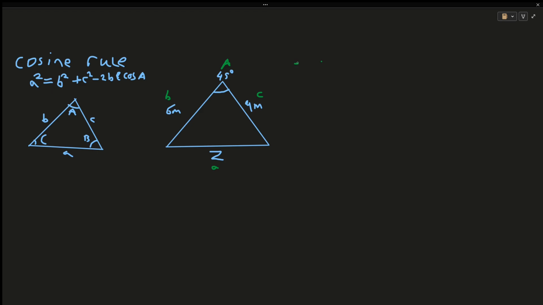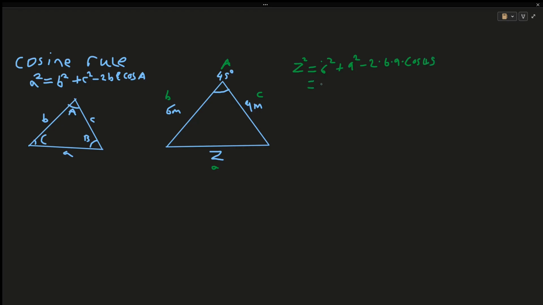So a is Z, so Z squared is equal to b squared, 6 squared, plus c squared, which is 9 squared, minus 2 times 6 times 9 times cos of 45.